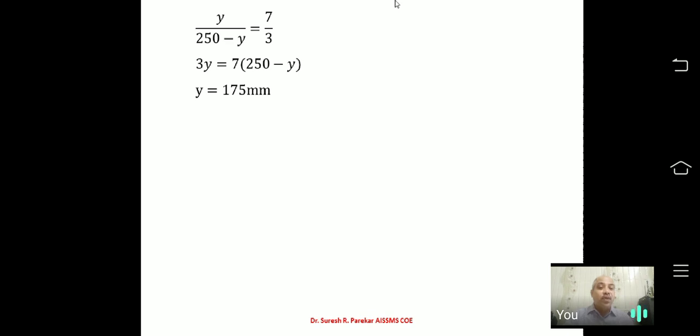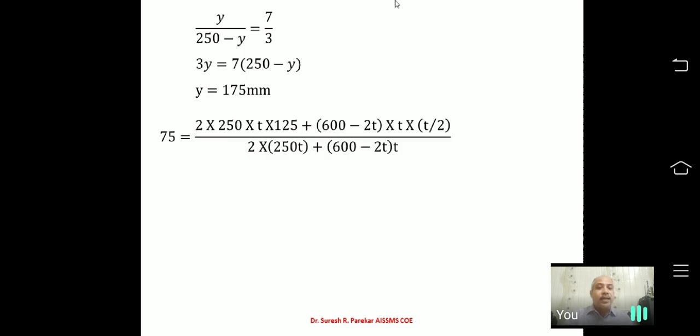So this y is from the top. So what is y from the bottom? So 250 minus 175. So we have y from the bottom, 75, because y bar using summation a y bar upon summation a we have taken from the bottom. So I have to find my value of y from the bottom, and that is 75.